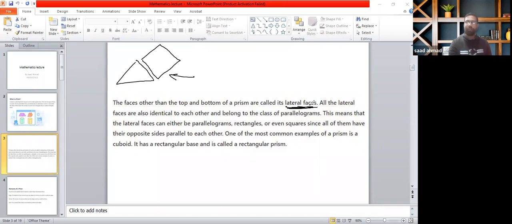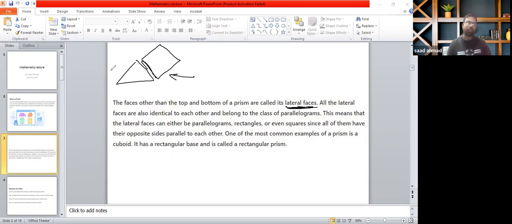All the lateral faces are identical to each other, and they belong to the class of the parallelograms. Like this face is a parallelogram.